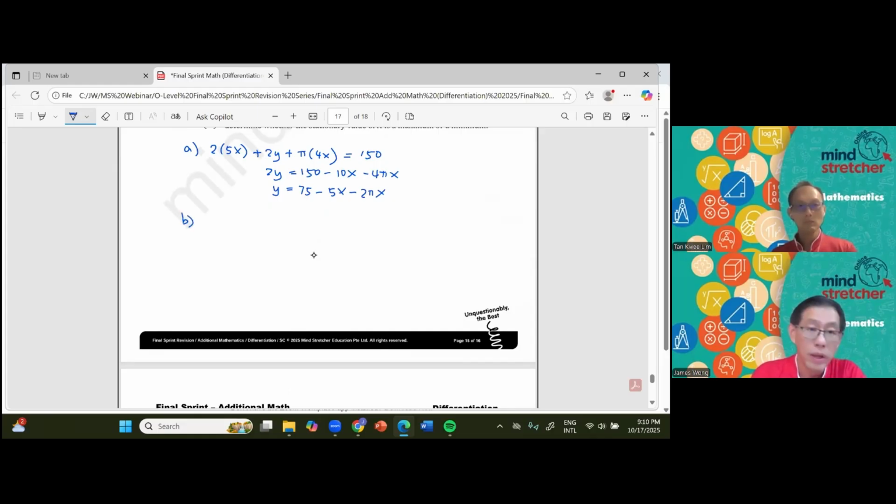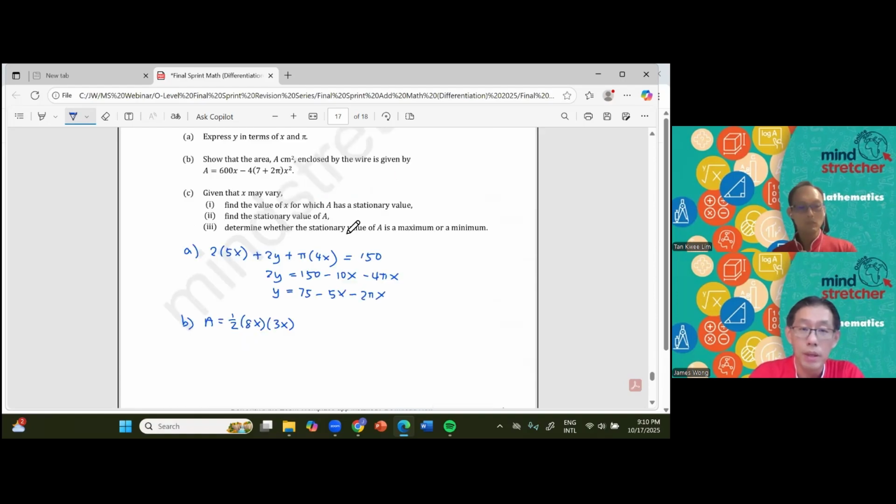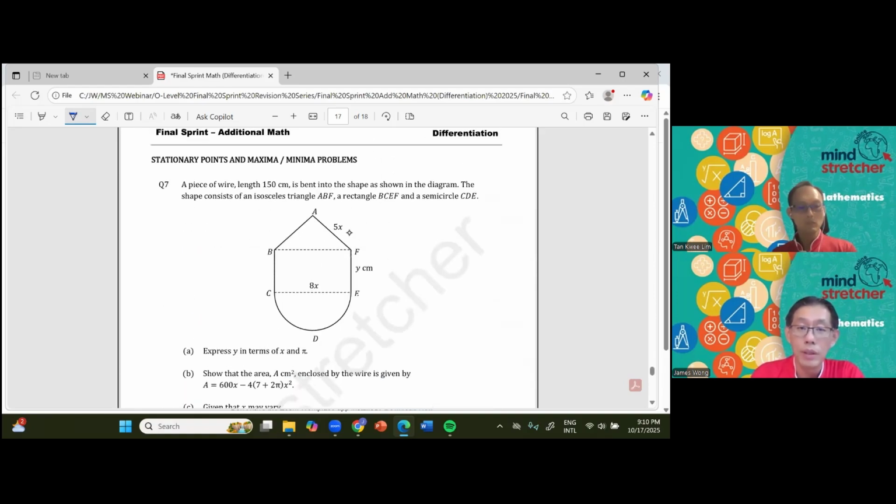Let's put A equal to, I've got a triangle, so half base times height. Half base is 8x, height is 3x. Why do I say 3x? Because if you notice, this is 5x, this is 8x, so half of this will be a right angle, so this must be 4x.